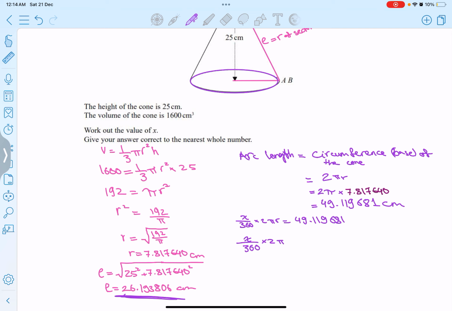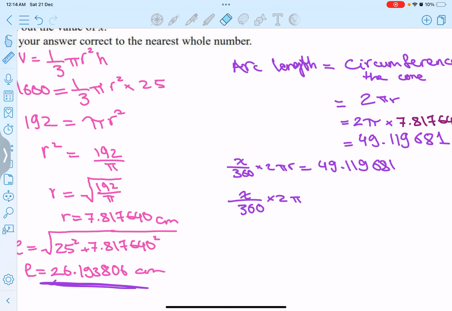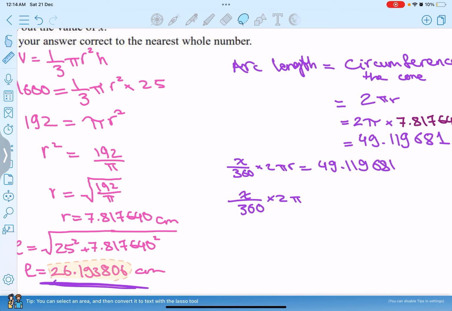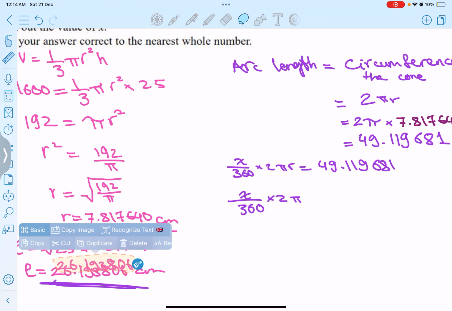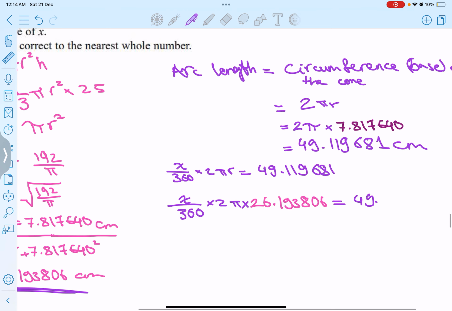There is the radius of the sector, which is the slant height, and there is the radius of the circle itself here. 2 pi times the slant height is 49.119681.